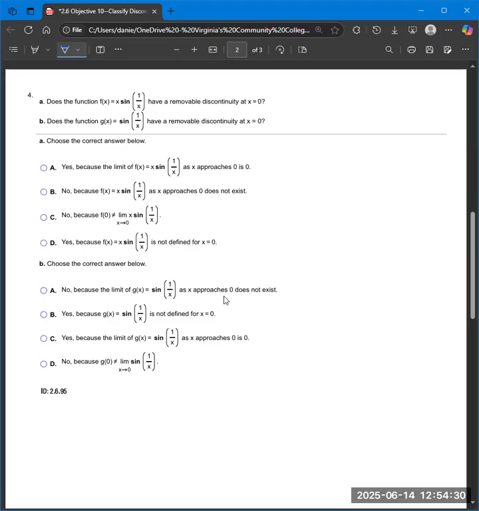So this function sine of 1 over x has a vertical asymptote. The 1 over x part has a vertical asymptote at 0, because 1 over 0 is not defined.